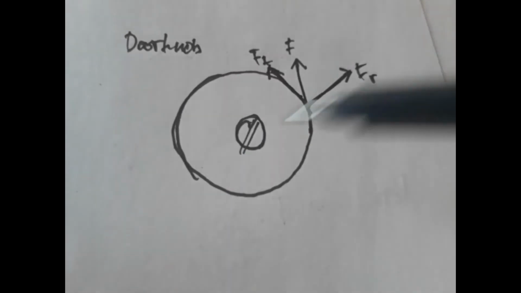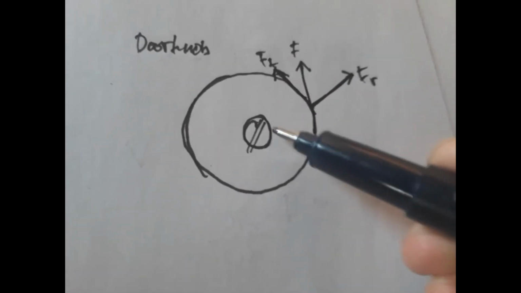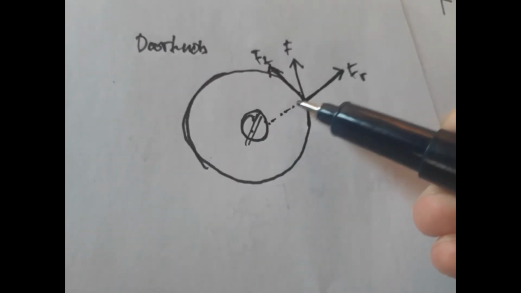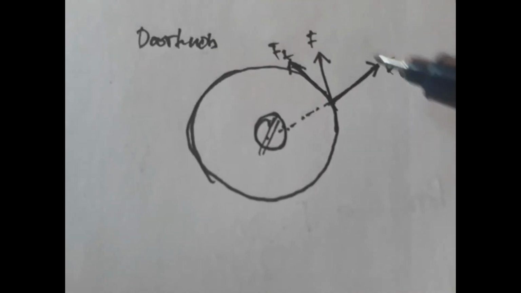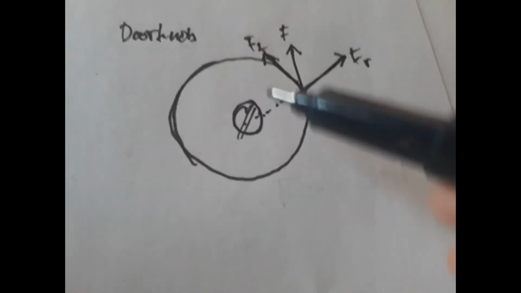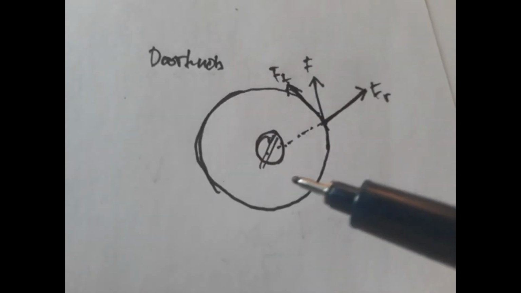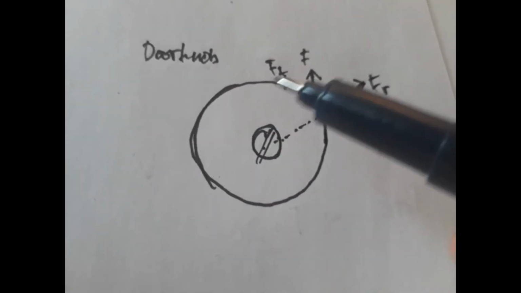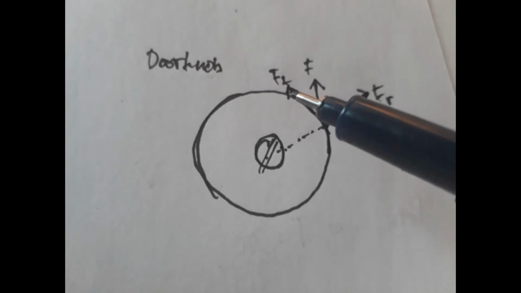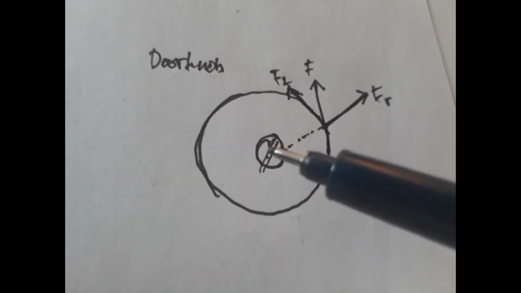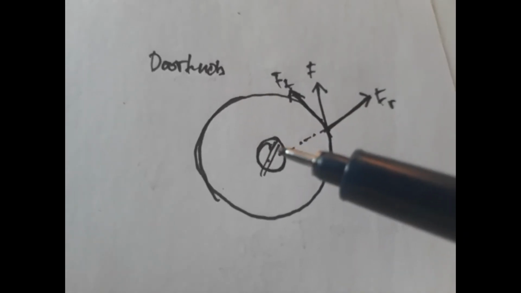Now if you see from the center, the radial force is straight along the radius. This means that this force does not contribute to the rotation of the doorknob. The only one contributing is Ft, or should I say the tangential, which is perpendicular to the radius of the circle.